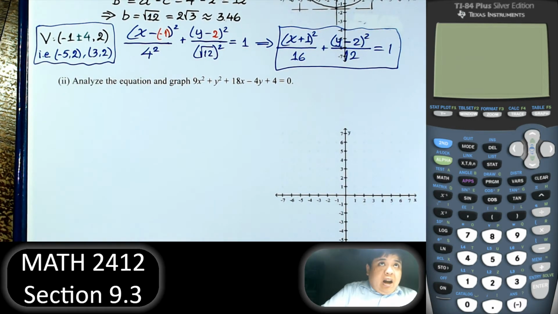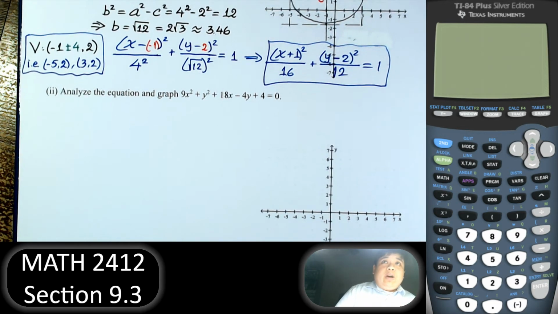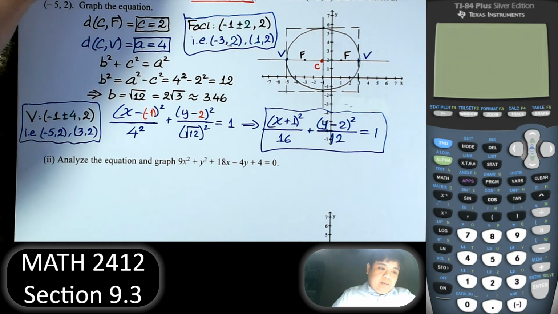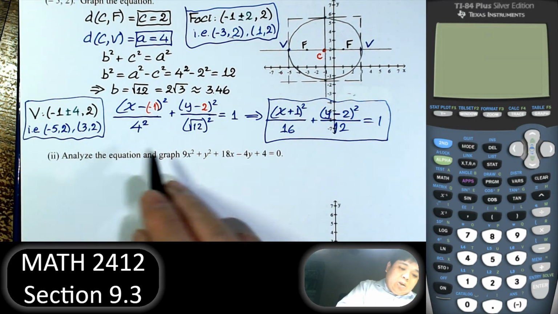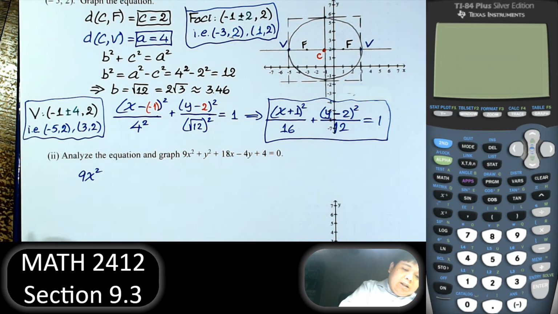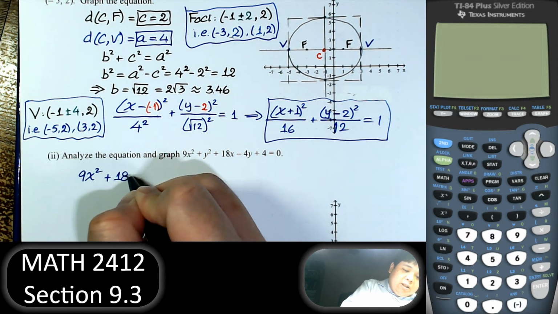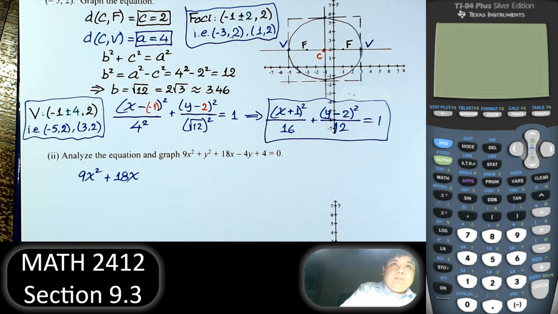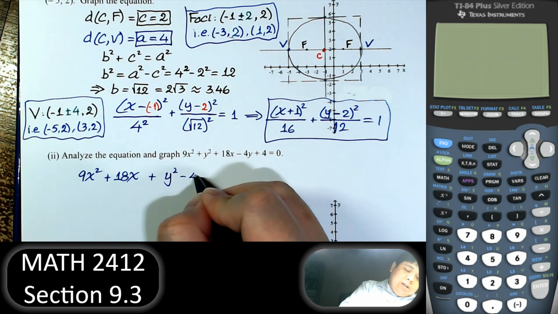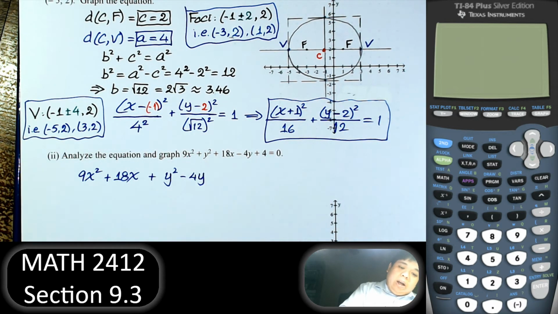Next, analyze the equation and then graph. Just like what we have earlier, we have to do the completion of the square first before we can do anything. So analyze. I keep the x square with the x, and then the y square with the y.